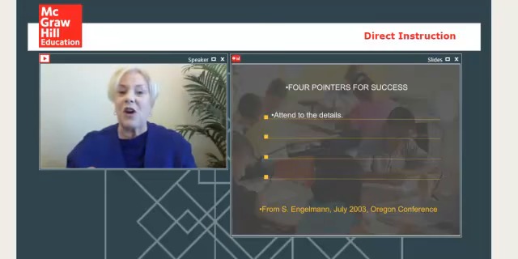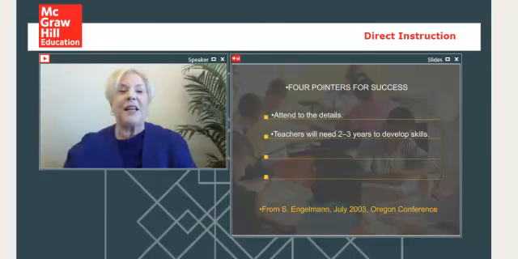Well, details are things such as how you ask comprehension questions when you're teaching Reading Mastery Signature K1 and 2. In Corrective Reading, it might be that the teacher has given the mastery test and we have certain categories where the students are having difficulty. That's a detail. We've got to know how to work with it. How do we do remediation? So attend to the details.